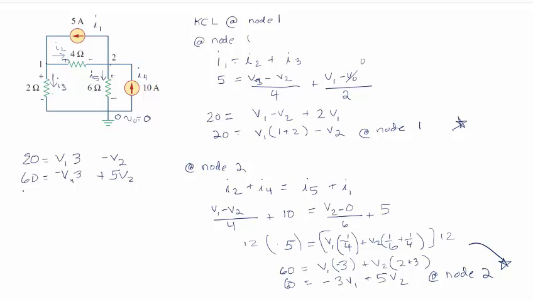I can solve this by conventional methods. I can just go ahead and add these 2 equations up. So that's a 20. I get 80 equals 4 V2. So therefore V2 equals 20. And then I can substitute V2 back into the first equation. 20 equals 3 V1 minus V2.